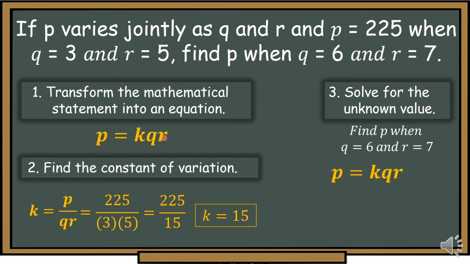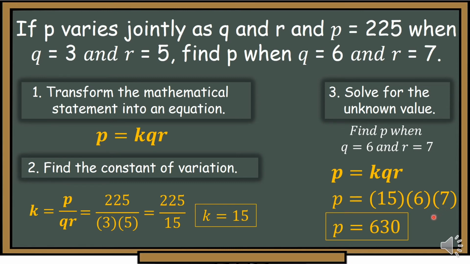Using this equation, we have P equals KQR. Substitute the values of K, Q, and R. K is 15, Q is 6, R is 7. 15 times 6 times 7 will give us 630. Therefore, the value of P is 630 when Q is 6 and R is 7.